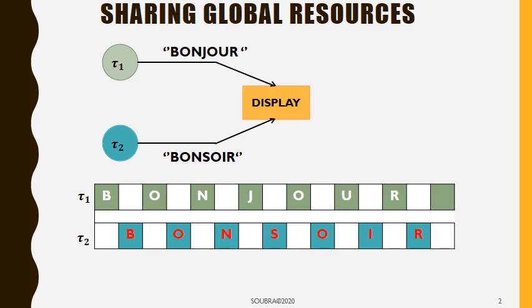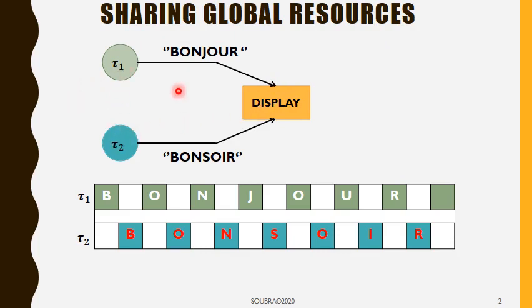So for instance, we can say that here we have two different tasks. Apparently they're attempting to spit out a message on a display, and we can notice that those two tasks, because they share a display, are dependent tasks, so they share a global resource, which is the LCD or the display of whatever that device here is.